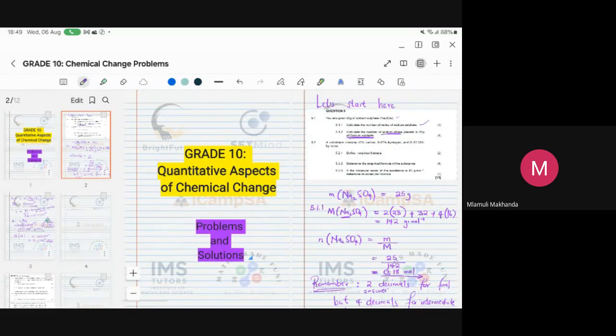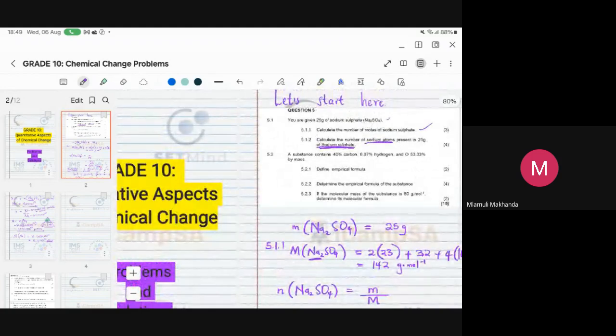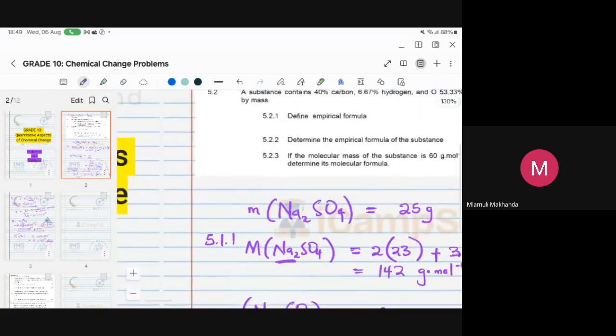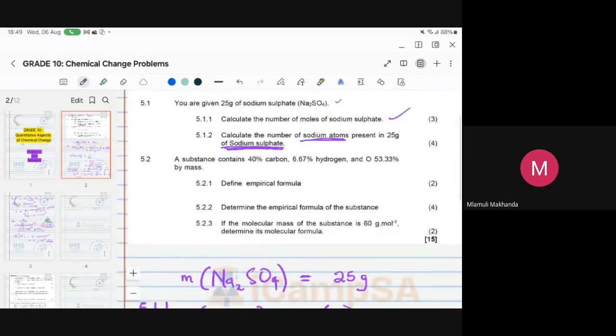Right. So now let us check question number 5.2. We have this right here, and we did some examples on empirical formula. So in this particular question, we are just required to find that empirical formula.